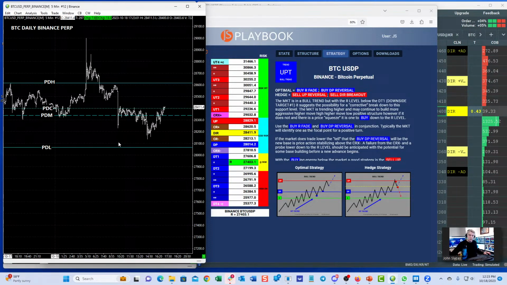Now, one of the issues with crypto is that there is no one centralized exchange. You've got a lot of decentralized exchanges, different volumes. You've got OTC trading as well. So what's the real price of Bitcoin? What's the real price of any of these tokens? That is a bit of an issue, but I'm keying off of Binance.